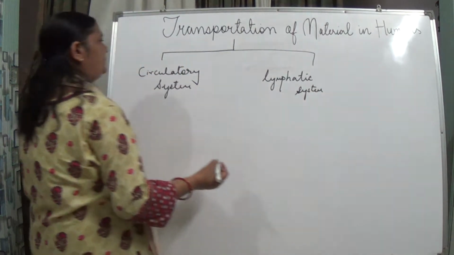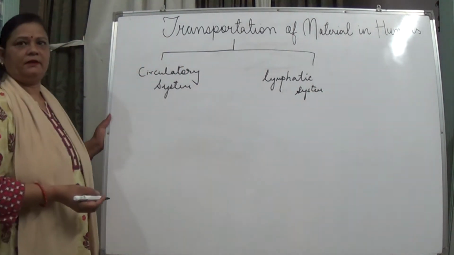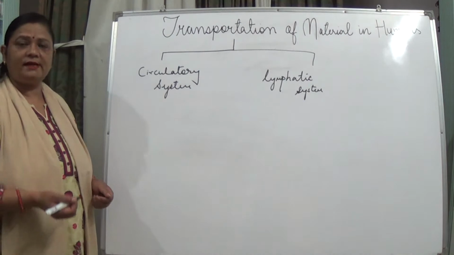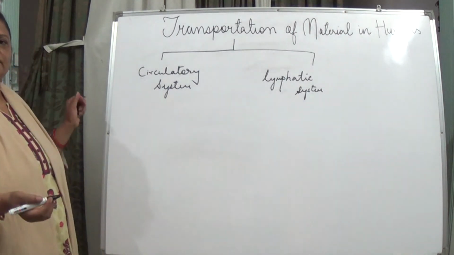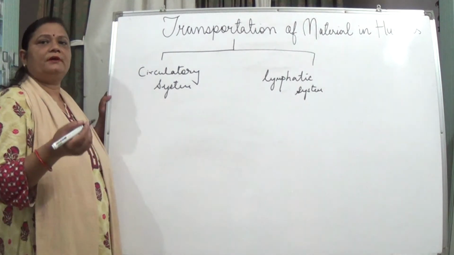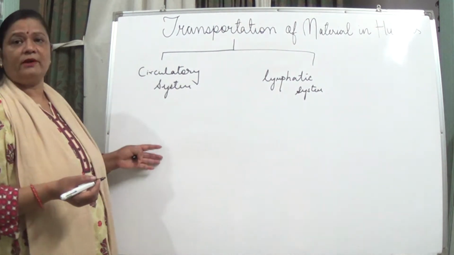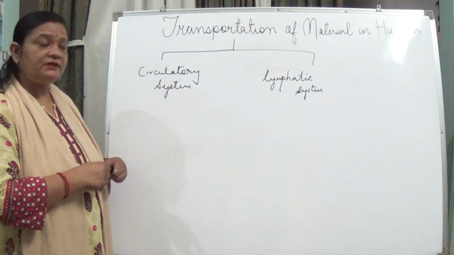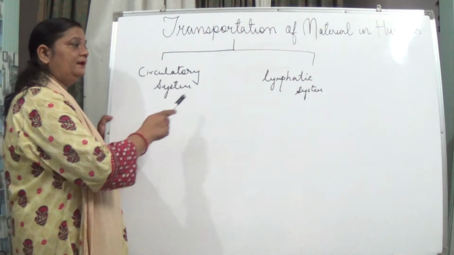So what is transported? Carbon dioxide, oxygen, food, hormones, etc. are transported in our bodies, isn't it? And it is transported through the circulatory system and the lymphatic system.